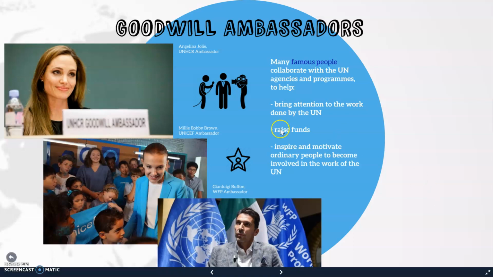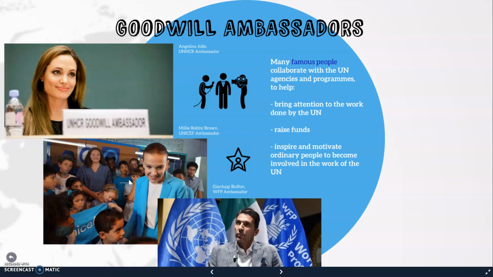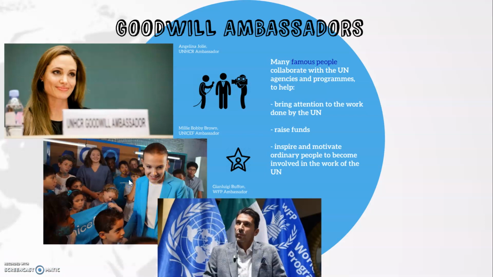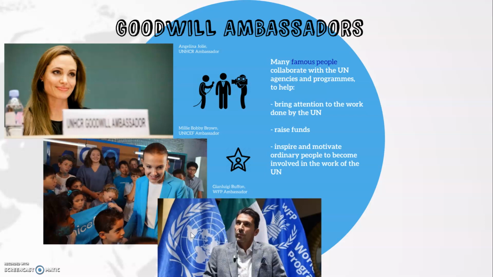For example, Angelina Jolie is the ambassador of the UN High Commissioner for Refugees. Millie Bobby Brown is a UNICEF ambassador, and Gianluigi Buffon is the ambassador for the World Food Program.